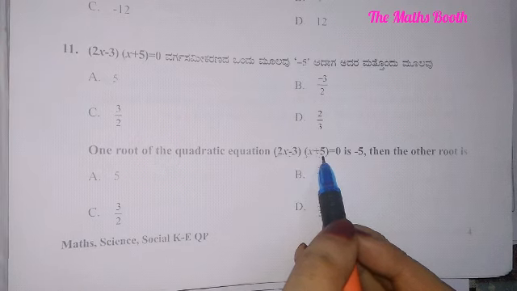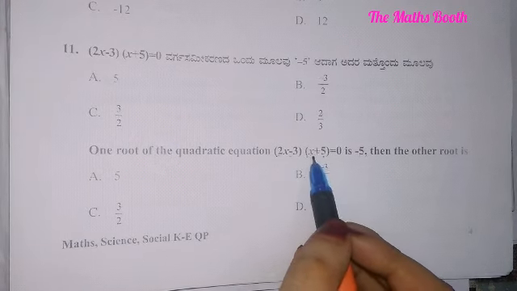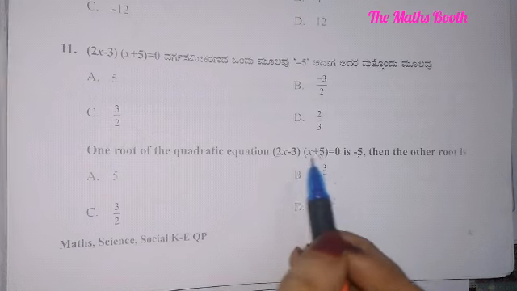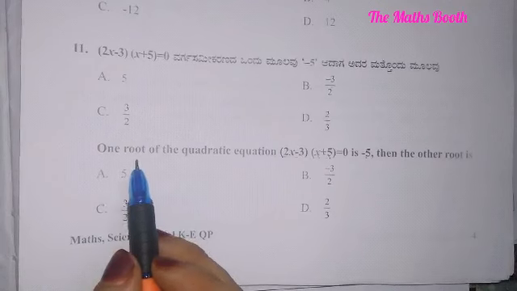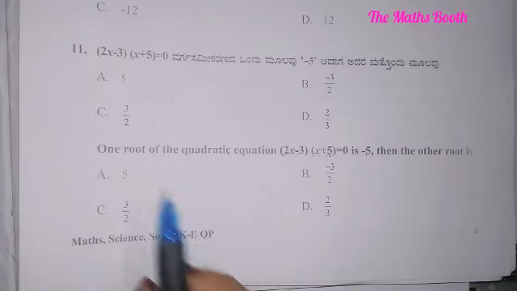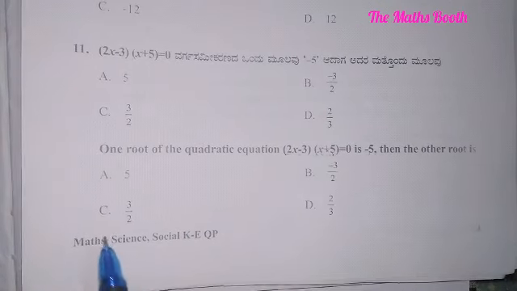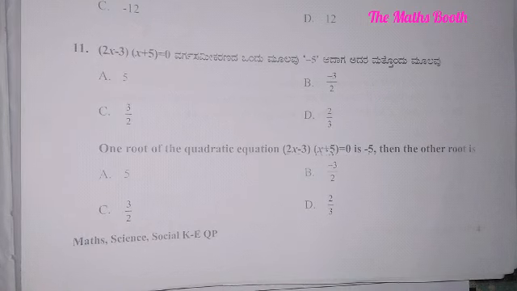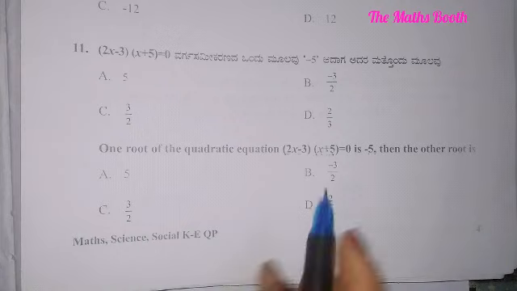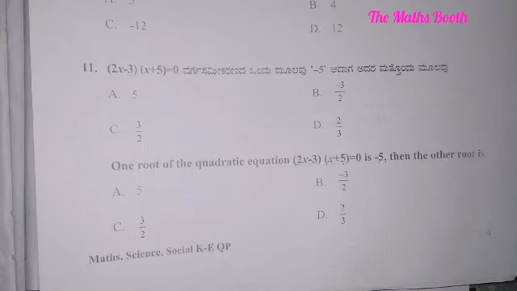One root they have given, that is x equals minus 5. We need to find the other root. The options are A 5, B minus 3 by 2, C 3 by 2 and D 2 by 3. Let us check what is the correct option.